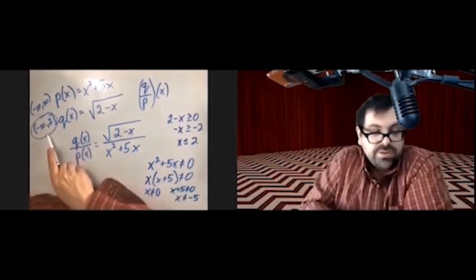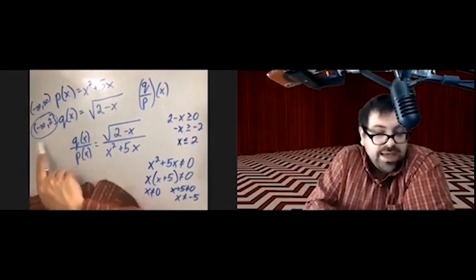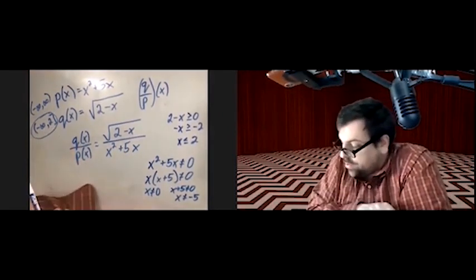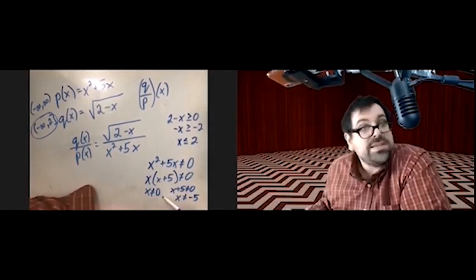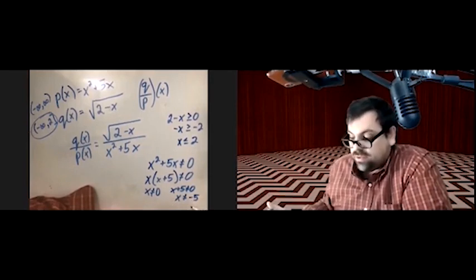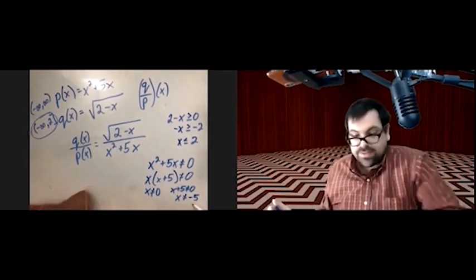All real numbers and the real numbers up to and including 2 overlap as the numbers up to and including 2. But we also have to rule out x equals 0, and we also have to rule out x equals negative 5. So what does that give us?